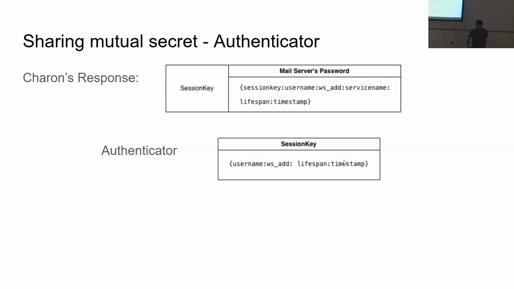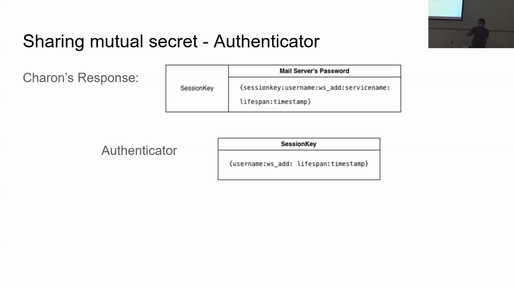Of course, the lifespan of this ticket can be different from this, but what actually matters is tallying the username and the workstation address. If one of these doesn't match, it will essentially mean that the ticket has been tampered with in the process. So essentially, the authenticator is a way for the mail server to know that the ticket was actually sent by Bob, and the service ticket is a way for the mail server to know that the ticket was actually created by Sharon.